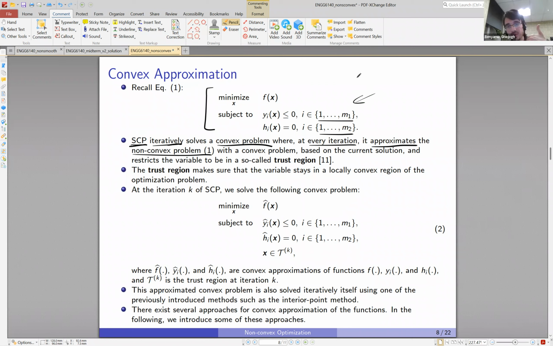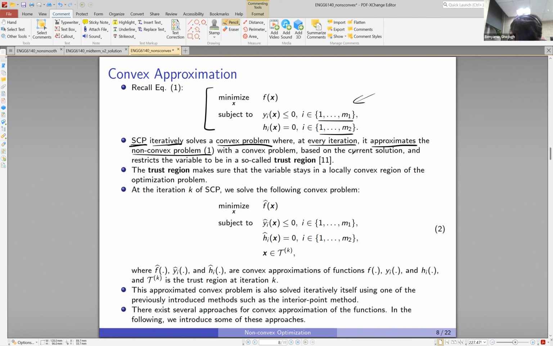It means that either the cost is non-convex or the feasibility set is a non-convex set. But in each iteration, SCP approximates it to be convex, so it relaxes the problem to a convex optimization problem, and it solves that sequentially.